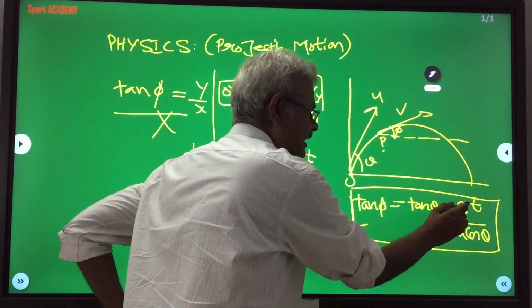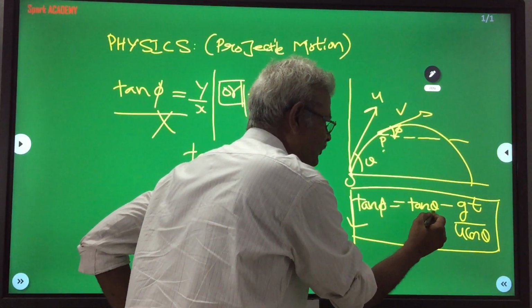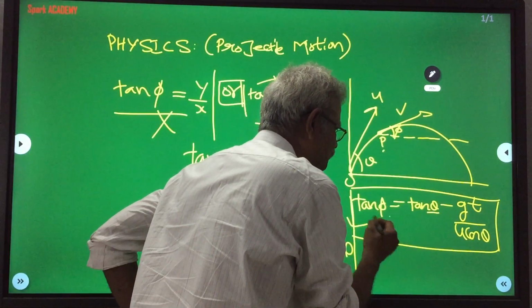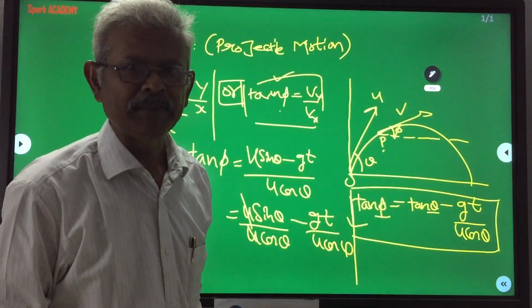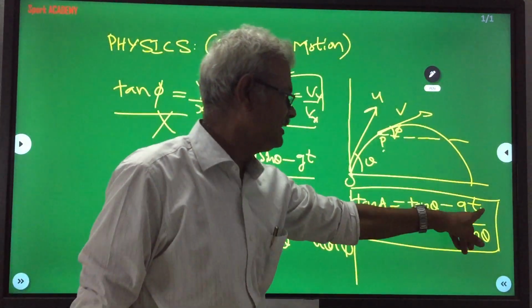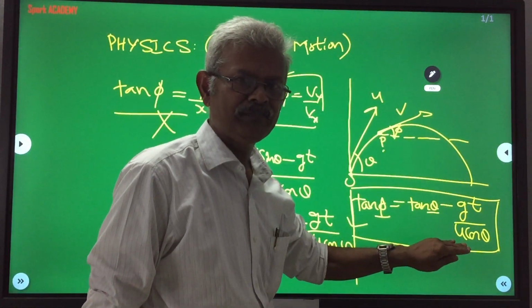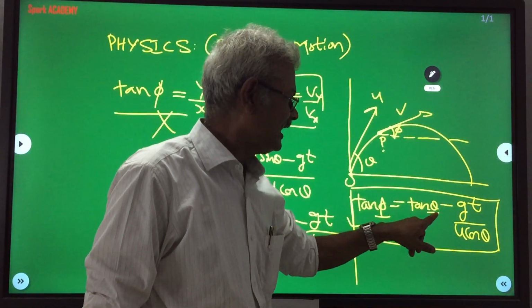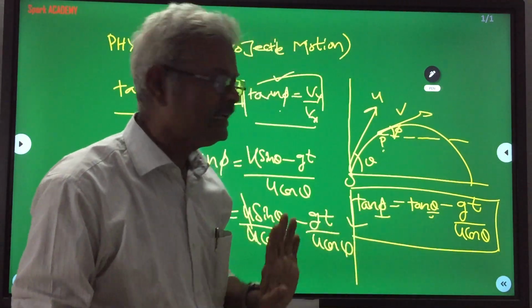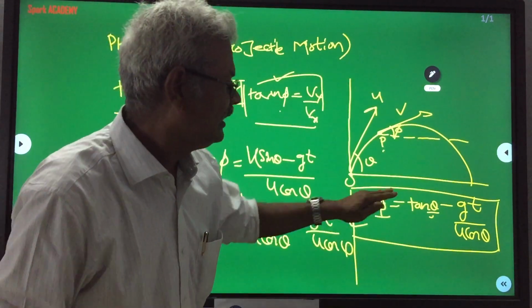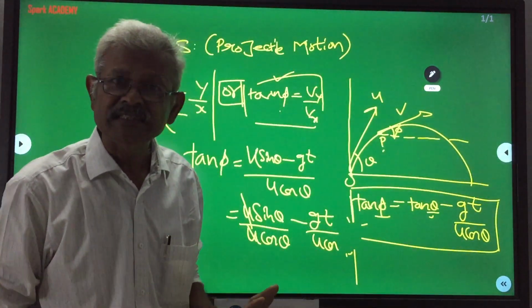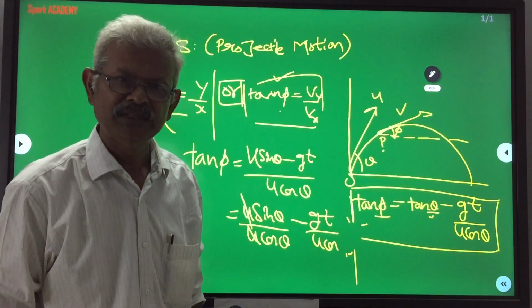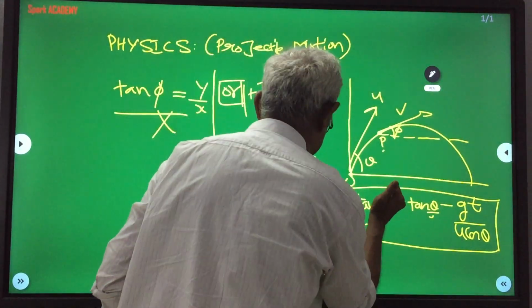The time taken to change the angle from theta to phi. Again I am repeating. What does t mean? Time taken for the projectile to change the angle from theta to phi. That is t. Unless you have all these things, it is difficult to solve problems. Understood? One more point.